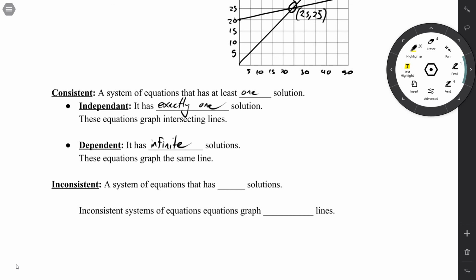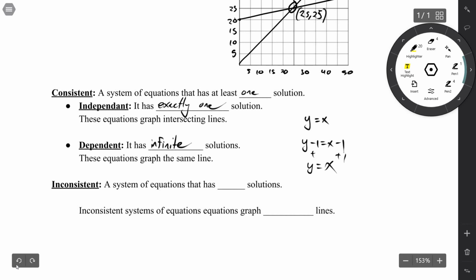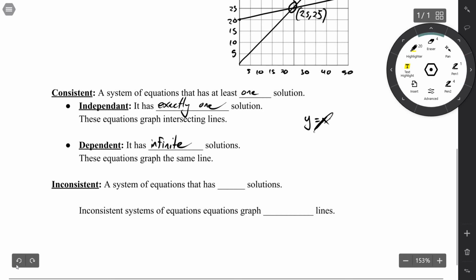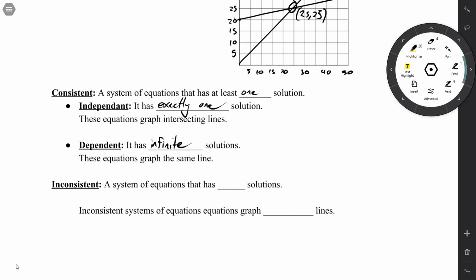Here's an example: y equals x and y minus 1 equals x minus 1. If we add 1 to both sides, we'll see that they do actually graph the same line. They would graph the same exact line, so any value of y, you could still solve that with some value of x.